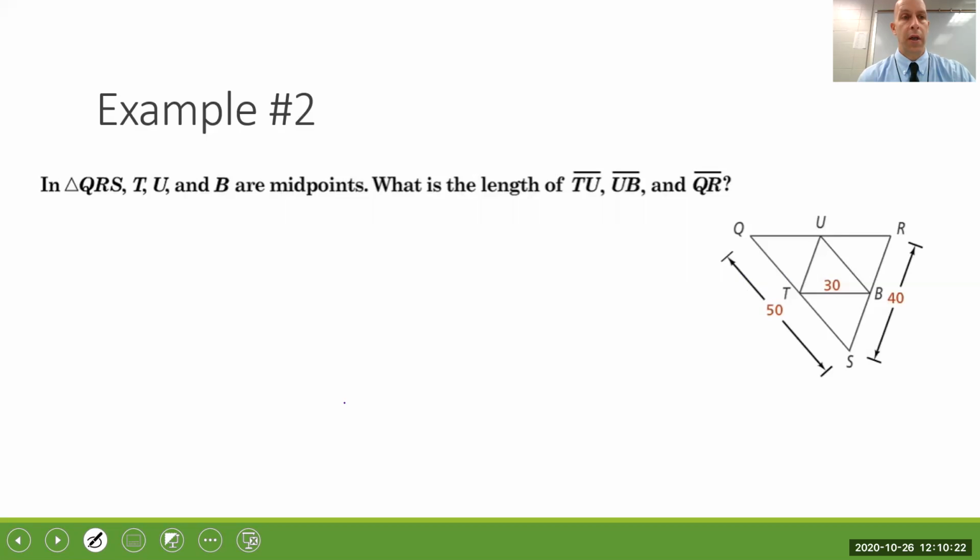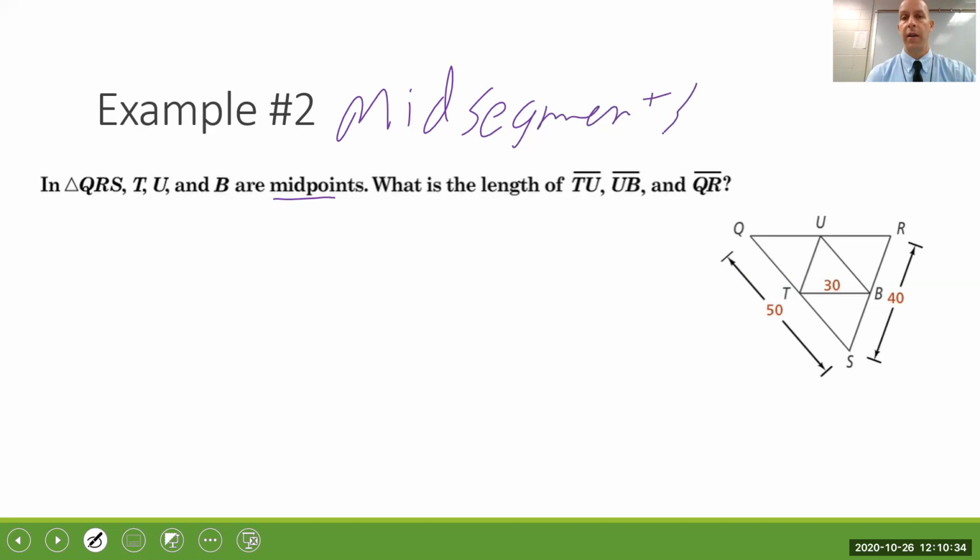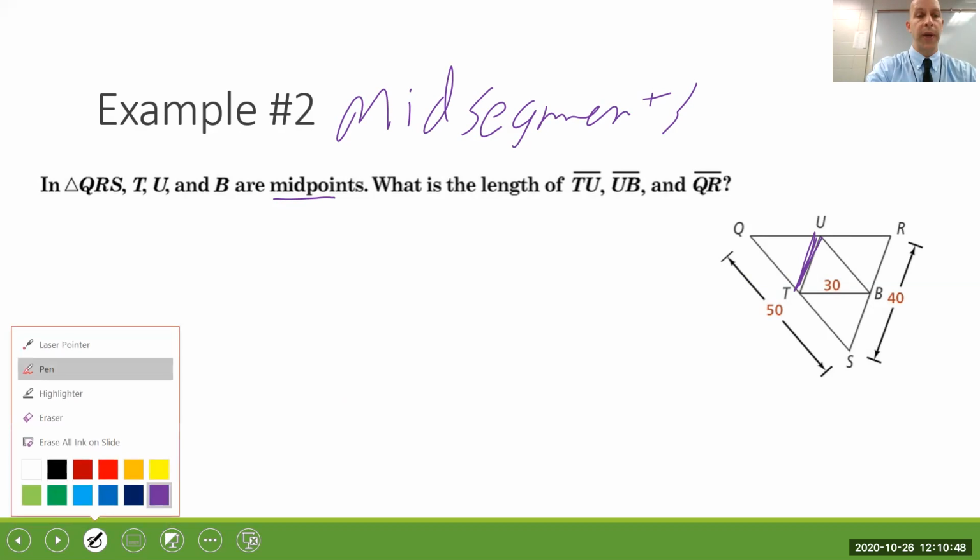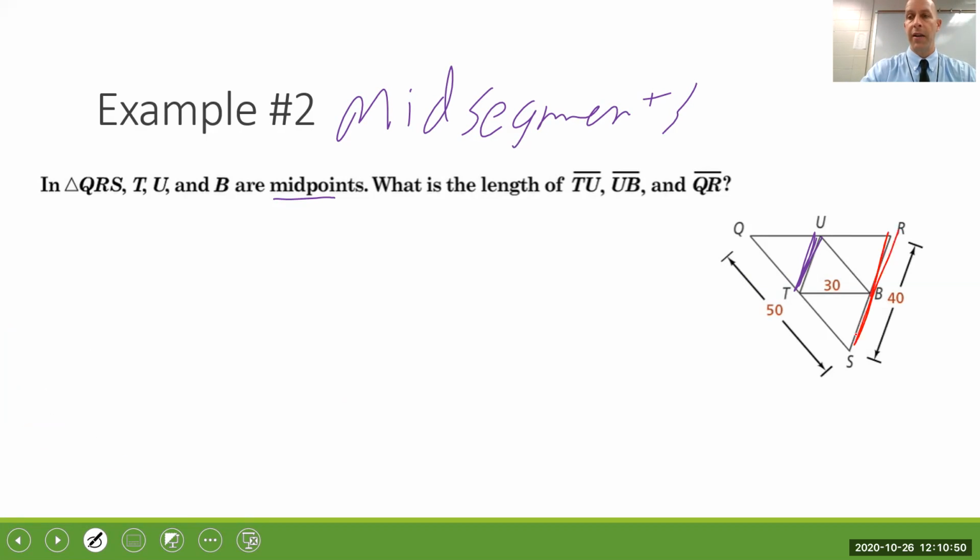Okay, so in triangle QRS, T, U and B are midpoints, thus they are what we call midsegments. And we want to find the length of TU. So let's start with TU. So TU is this segment here, and it is the midsegment of the sides QR and QS. So it has to be half of the length of this side.